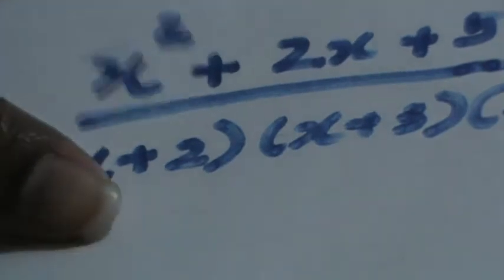Now consider an example like this. Say you have been given something like this: x squared plus 2x plus 5 over x plus 2 times x plus 3 times x minus 1.